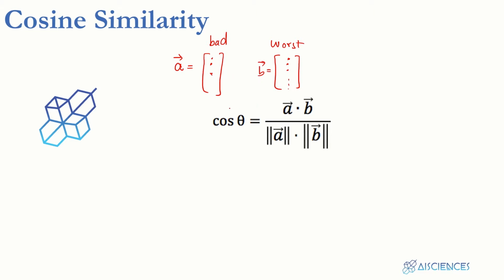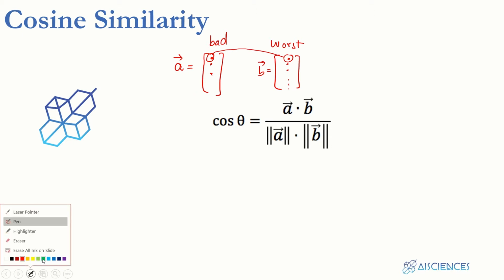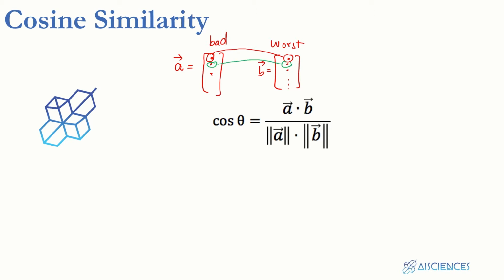One very common similarity measure is cosine similarity, and it works as follows. You take the dot product, which means you take the pointwise multiplications: the first coordinate of A multiplied by the first coordinate of B, then the second coordinate of A multiplied by the second coordinate of B, and so on. And at the end, all these multiplications are added up. This is known as the dot product.